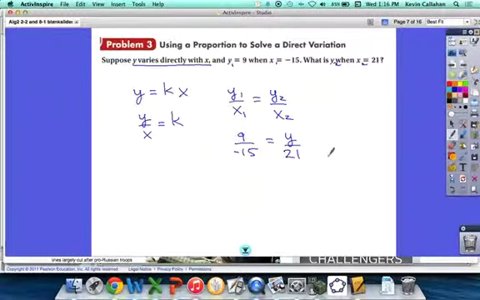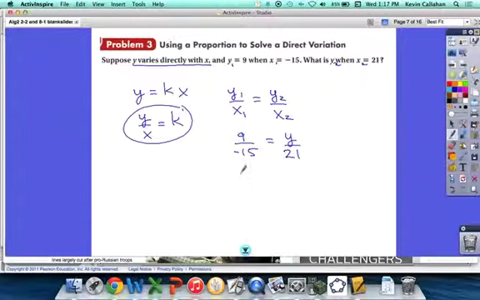So we're using this relationship here to say that for every point, y over x is the same thing. So just set it up like that, right? y1 over x1 equals y2 over x2. That's a proportion.